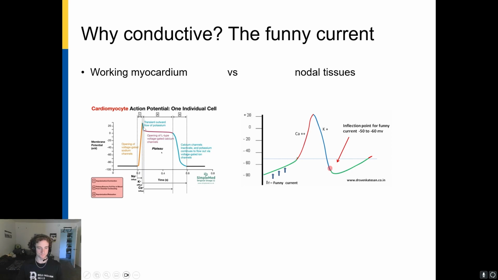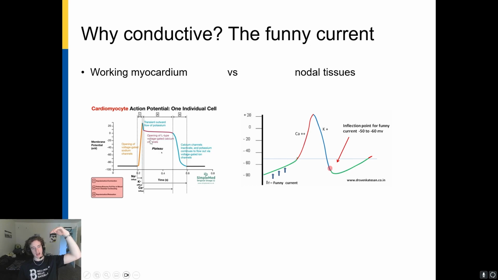Action potential right here. And then you see this transient outflow of potassium, which is blue, and it's happening the entire time. It doesn't just stop right here, but what's happening is there's an inflow of calcium channels. That maintains the membrane potential of the working myocardium at that level.